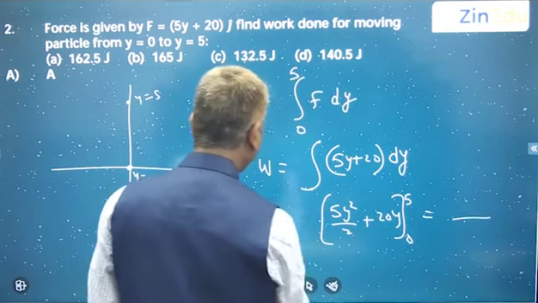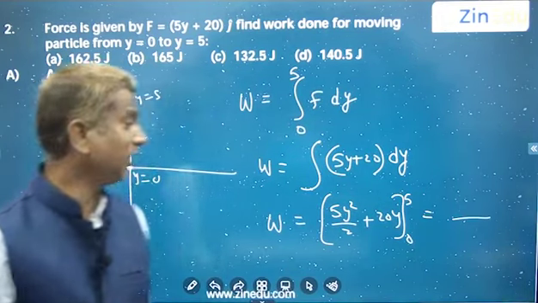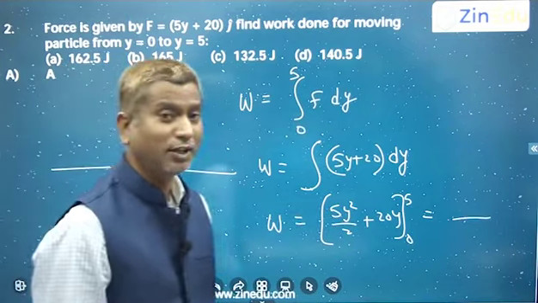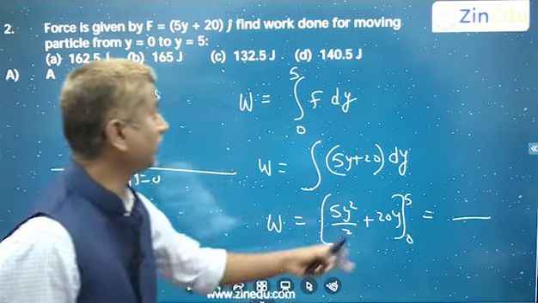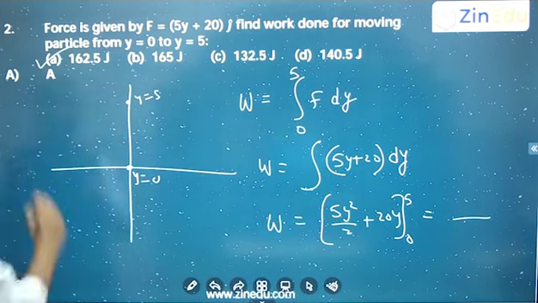First substitute 5 and after that substitute 0. So 125 by 2 plus 100, which is 225 by 2. Substituting 0, the second limit, gives 0.